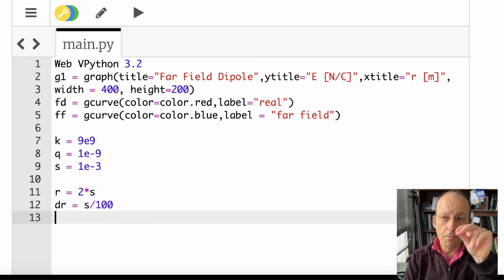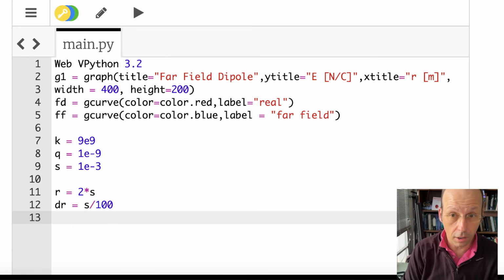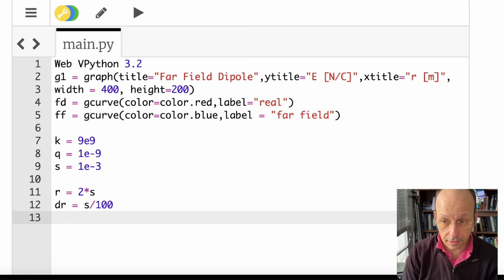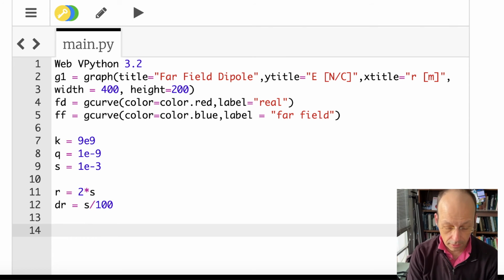So now I can move my observation location using R, and find the electric field and plot it. So let's just plot the far field approximation, and then we'll come back and add the real.